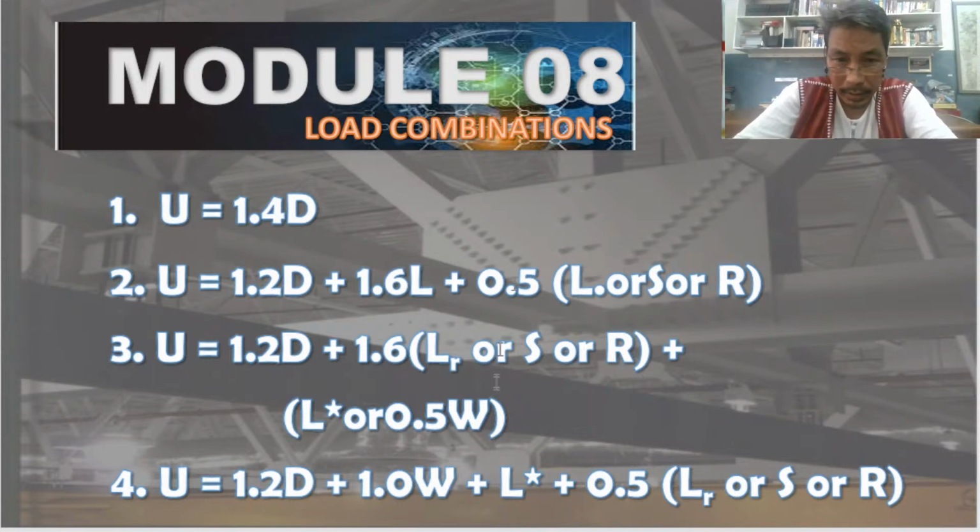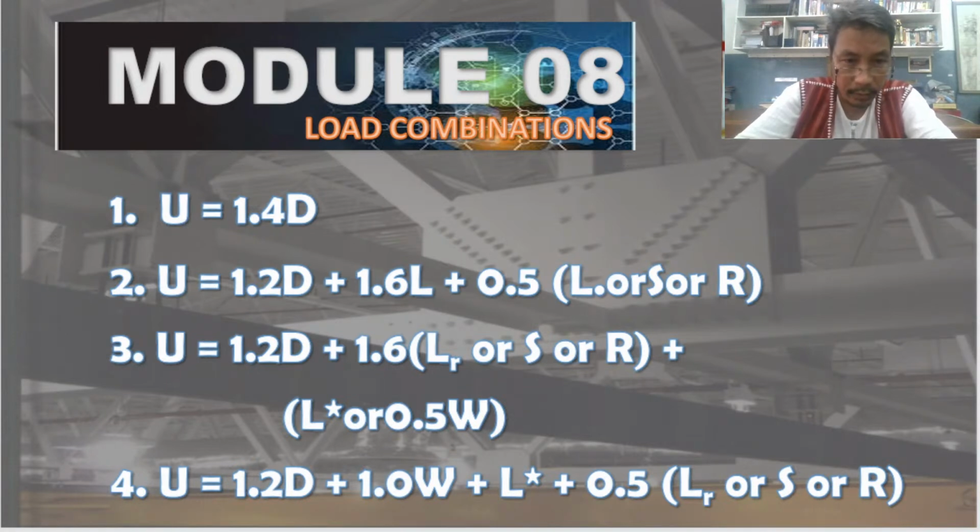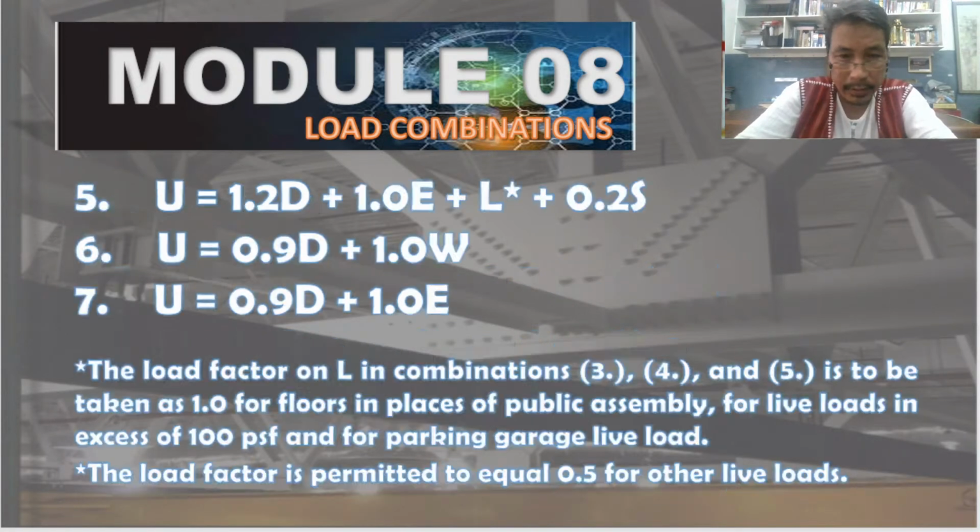So equation 3, I already explained that the factor is 1 for the live load. Equation 4, the factor again is 1. And equation number 5, next slide. Again, live load, the load factor is 1. That is what we mean by the asterisk.